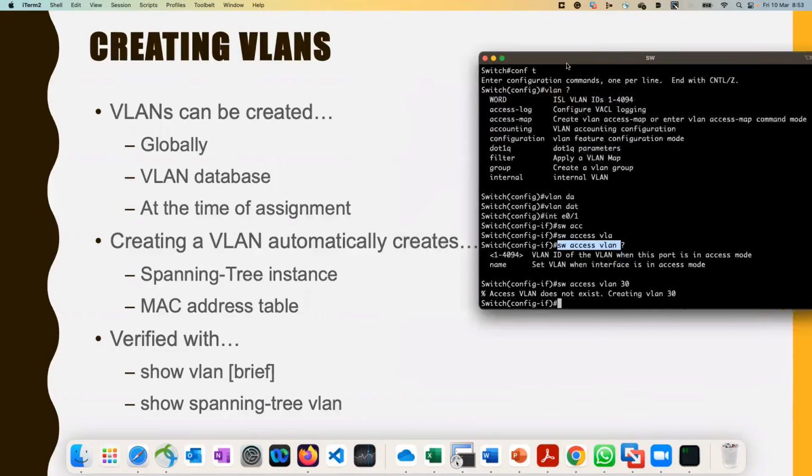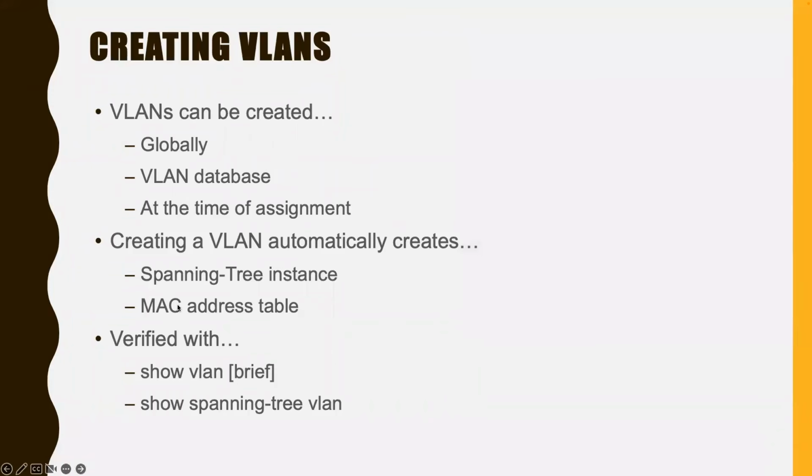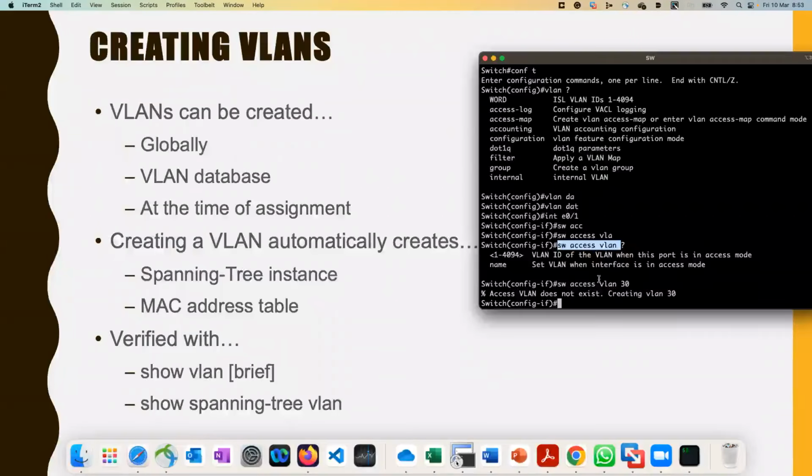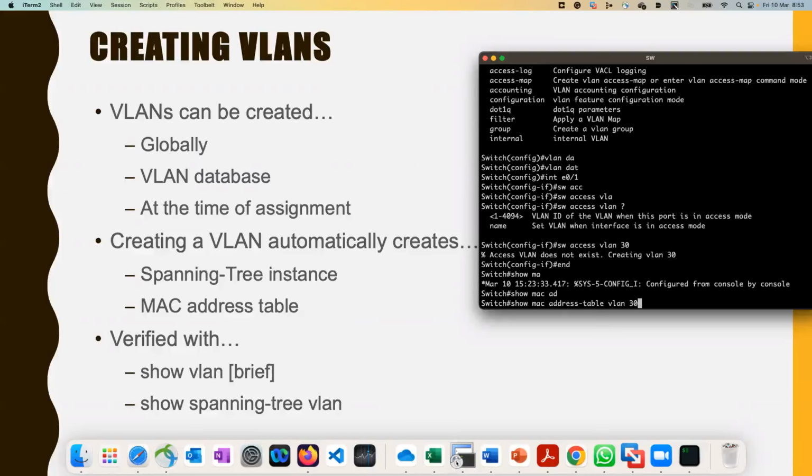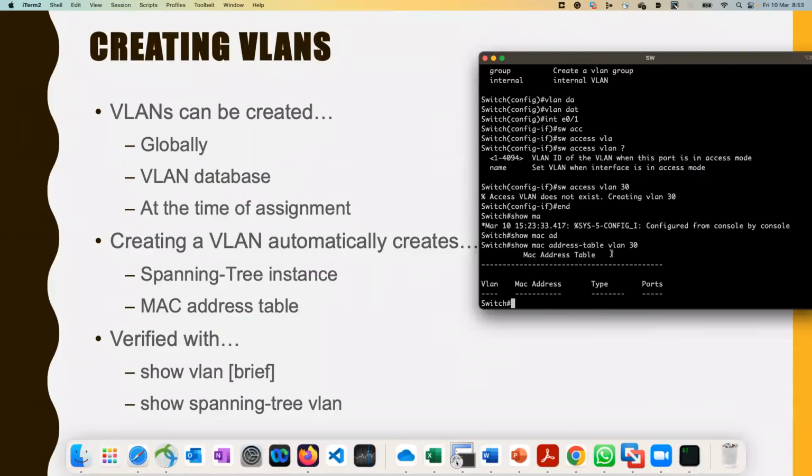What it means is that after creating a VLAN, a spanning tree instance is also created automatically, and a corresponding MAC table is also created for that VLAN. Show mac address-table vlan 30. So this is the MAC table corresponding to VLAN 30.